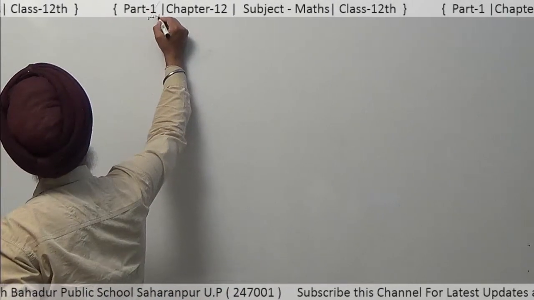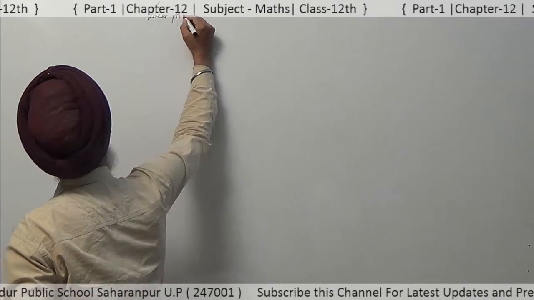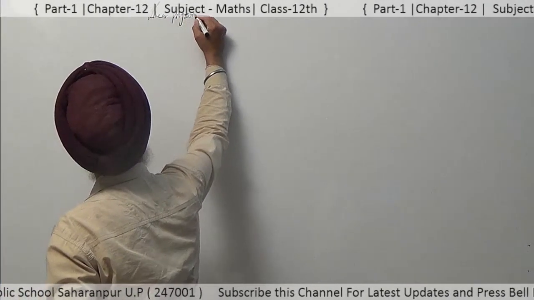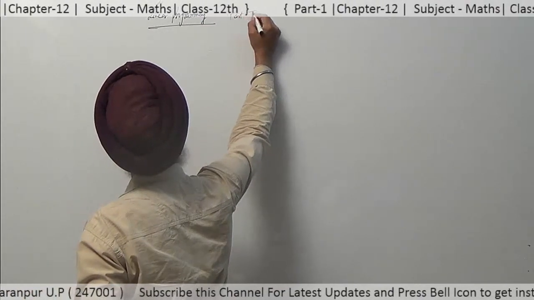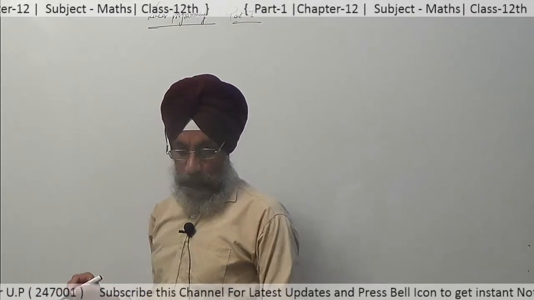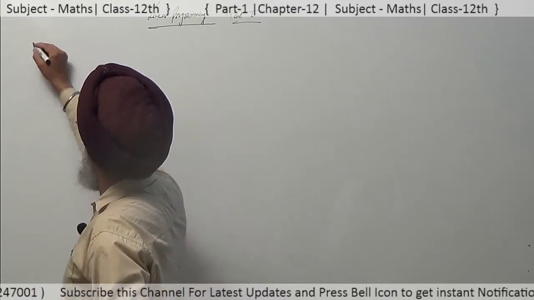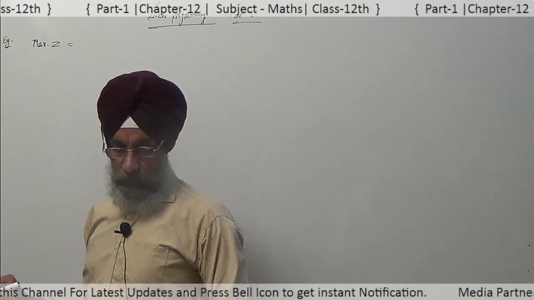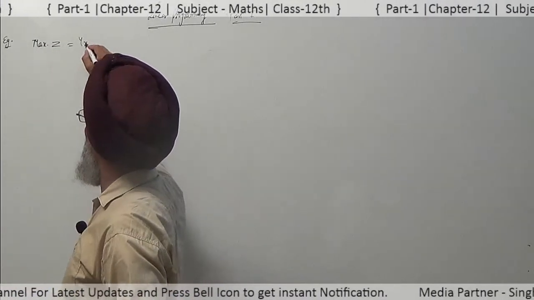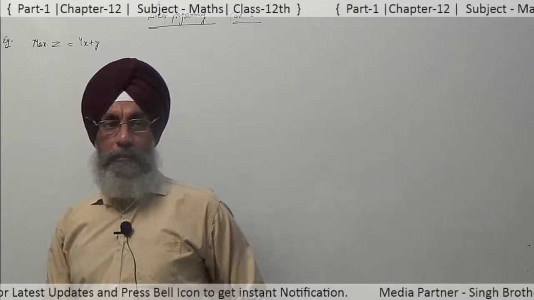It's a linear programming, that's your chapter number 12. We have to maximize, and the objective function says z is equal to 4x plus y, where x and y are the variables.